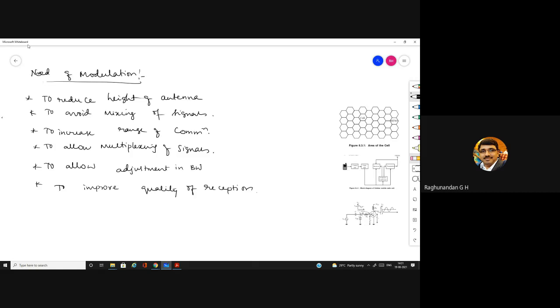So these are the reasons for which we go for modulation.